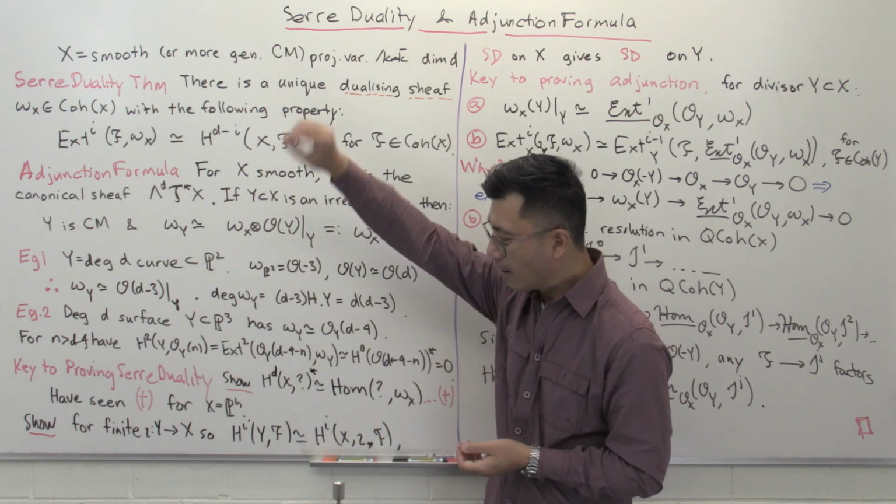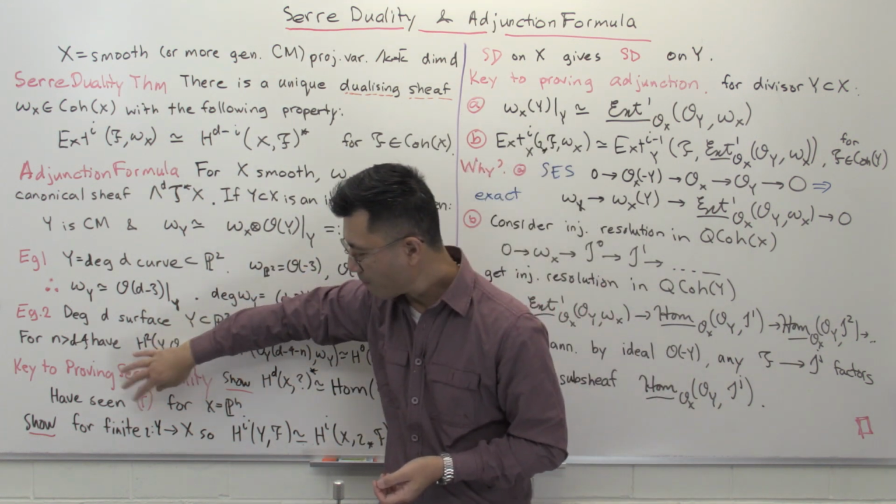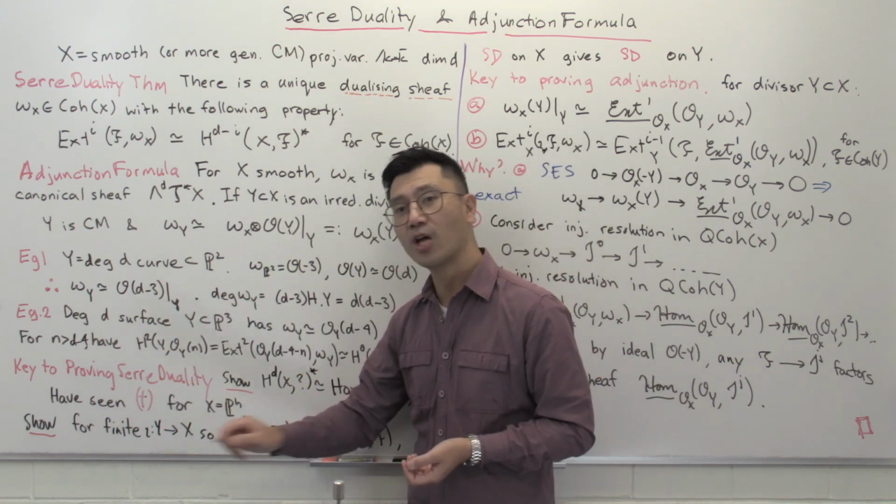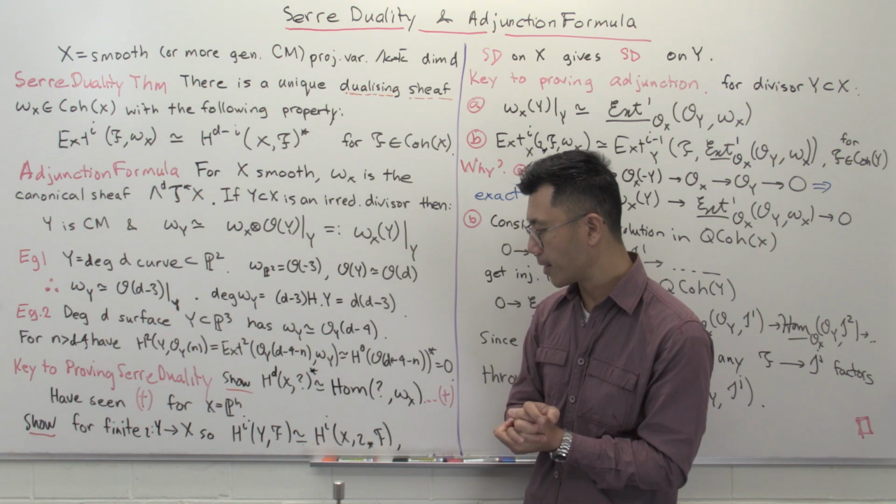So in particular, the key point is that suppose you have a finite map from Y to X, and Y is Cohen-Macaulay, and X you have Serre duality for, so it's Cohen-Macaulay.